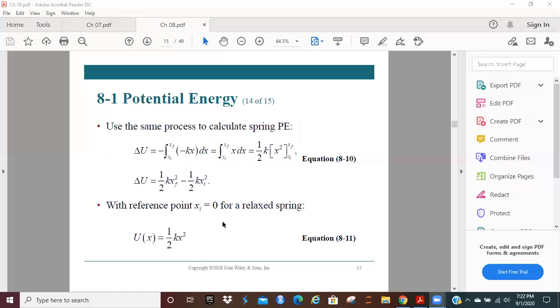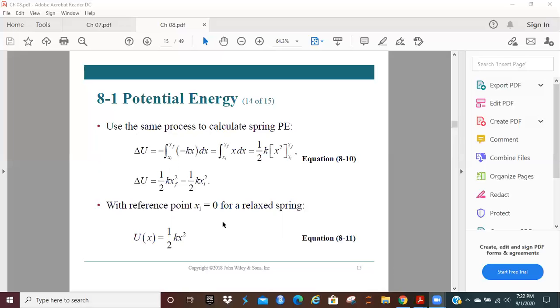With that in mind, if you use the same methodology with springs and calculating potential energy, then the change in the potential energy is going to be equal to minus the definition of work, which in this case is F of x dx. If it's a spring, we know what that force is. That's going to be minus kx.